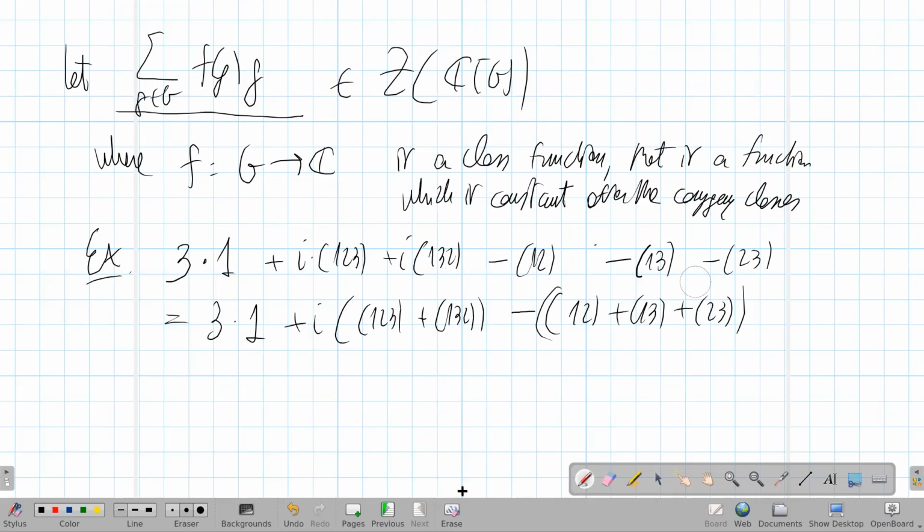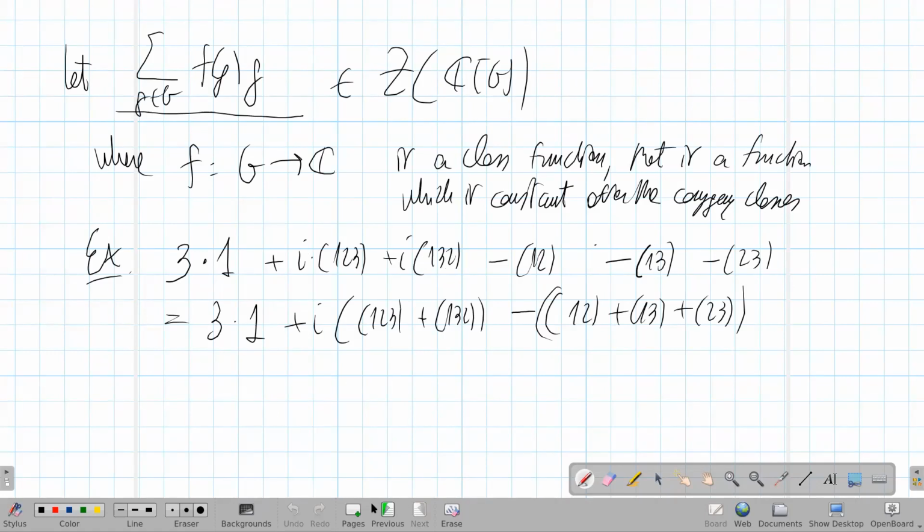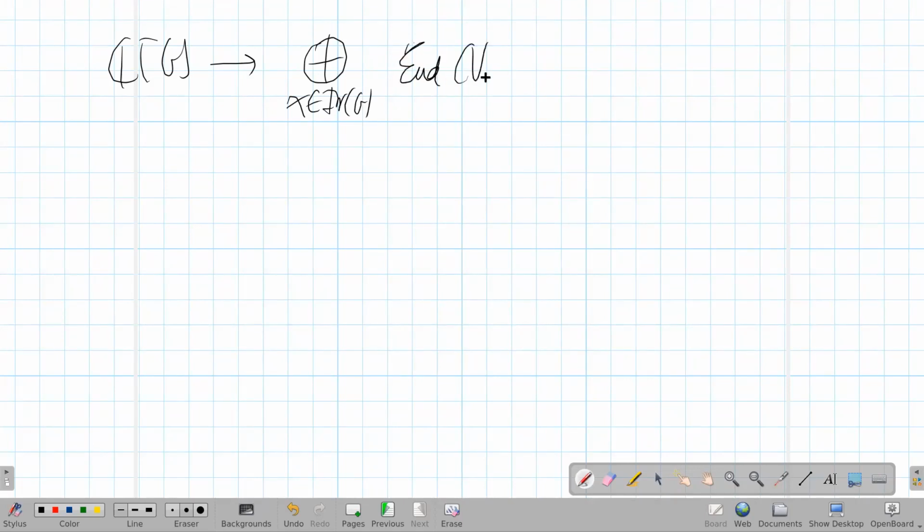Now we go back to this isomorphism, but actually we consider a composition of two isomorphisms, because we have CG, which goes into this direct sum, where chi ranges over the irreducible characters of G, of the endomorphisms of this module.